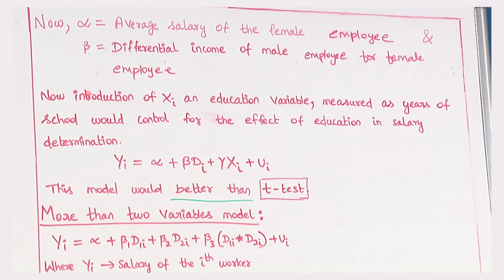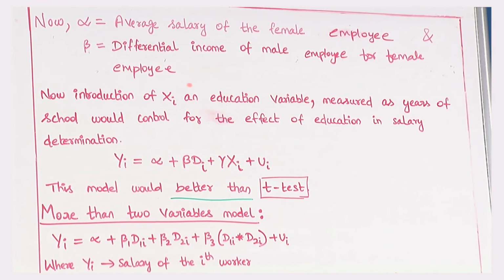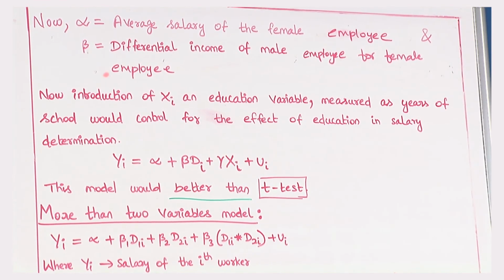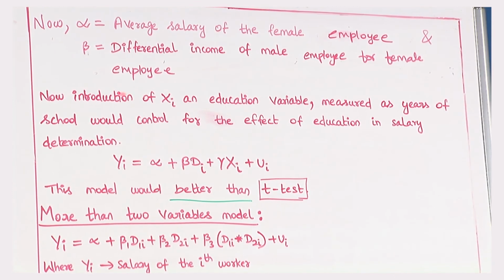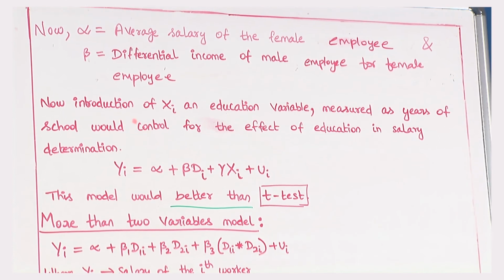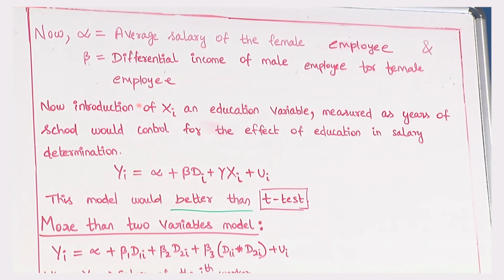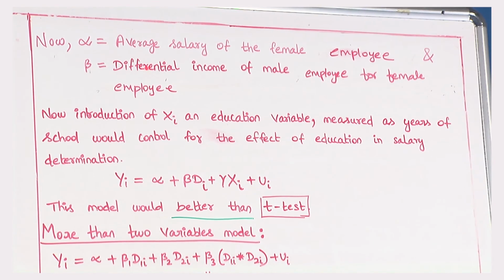So, this is the usual t test, but in this case we can go a little further in testing, using the t test in this ANOVA model. If you include one more variable, a very relevant variable, that will really help enhance the potential of the t test, because this is the very usual case. The salary difference may be due to the educational difference among the employees.